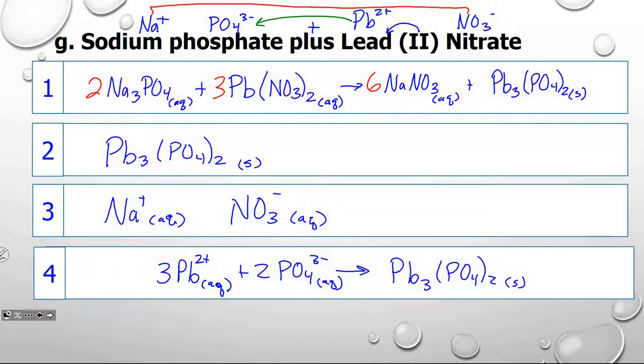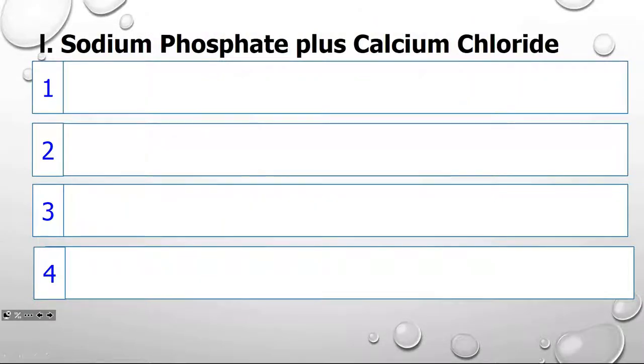Okay, so we're going to do one more together. Sodium phosphate, so I got Na again, PO4 3- again, but this time I've got calcium, Ca2+, and chlorine, Cl-. So this is L, I think.